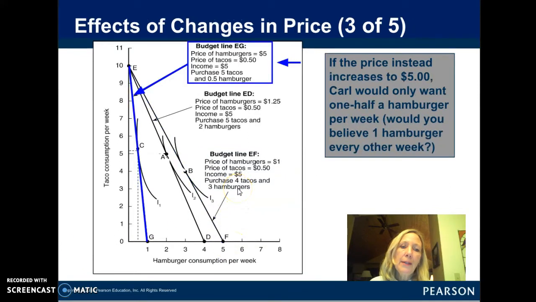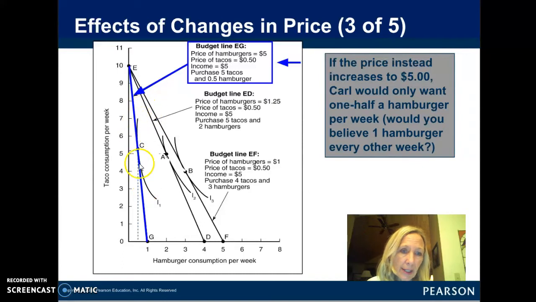On the other hand, in this case, you have a dramatic change. You had your original budget line here. In this case, the price of burgers increases to $5. He only has a $5 budget, so he could only afford 1 burger.